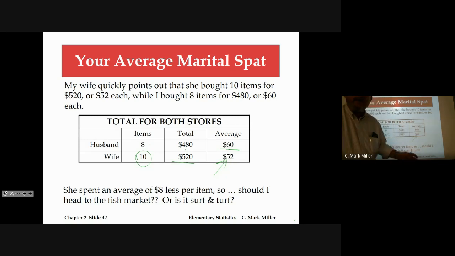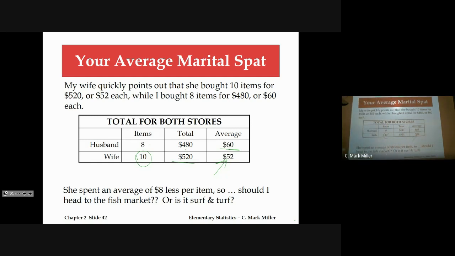And yet, when you combine them, my wife's 10 items were $52 a piece. My 8 items were $60 a piece. So she spent an average of $8 less per item when we combine our shopping.